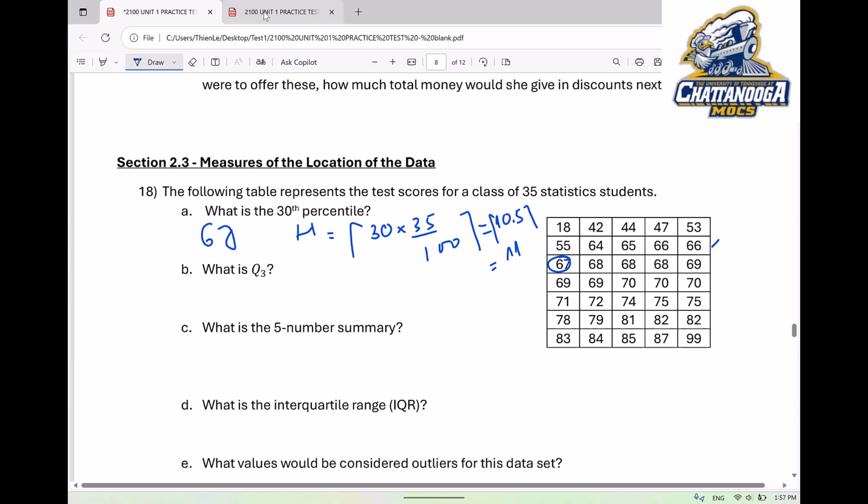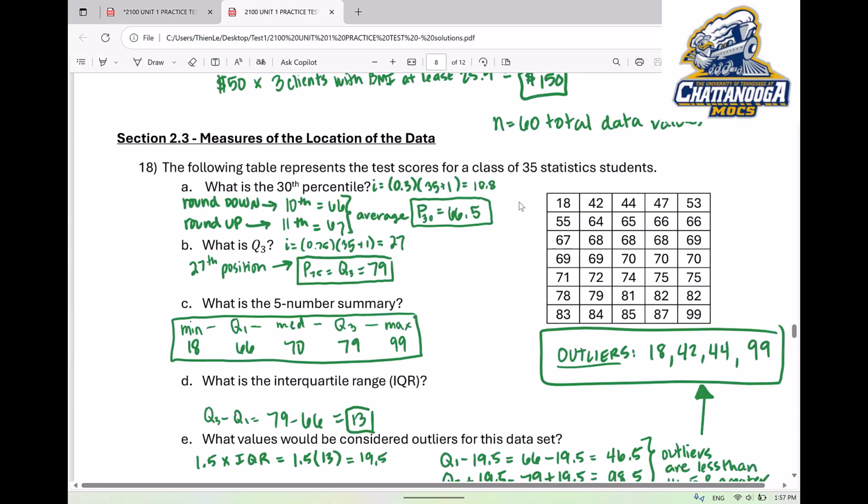So let's check the solution here. In the solution here, they use a different way, a modified version. So you can use either way, right? This way also sometimes people use k divided by 100, which is 0.3 here, times n plus 1, which is 35 plus 1, which gives 10.8.